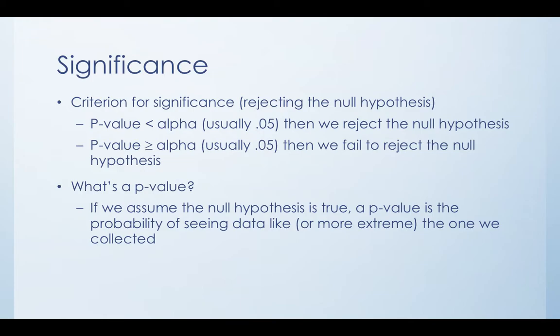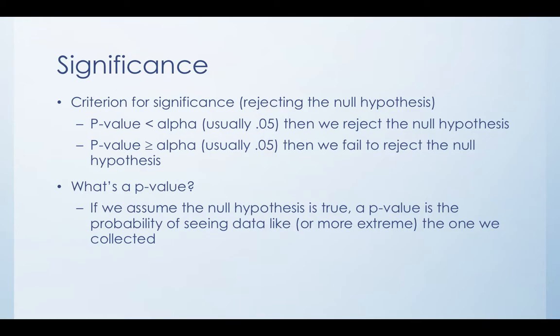So the definition of a p-value is if we assume the null hypothesis to be true, and that's the whole dynamics of a test of hypothesis. We assume that this distribution of scores exists with the parameter value that we're testing. And if we get something very close to that value, then there's no reason to think that that value is not right. So we fail to reject the null.